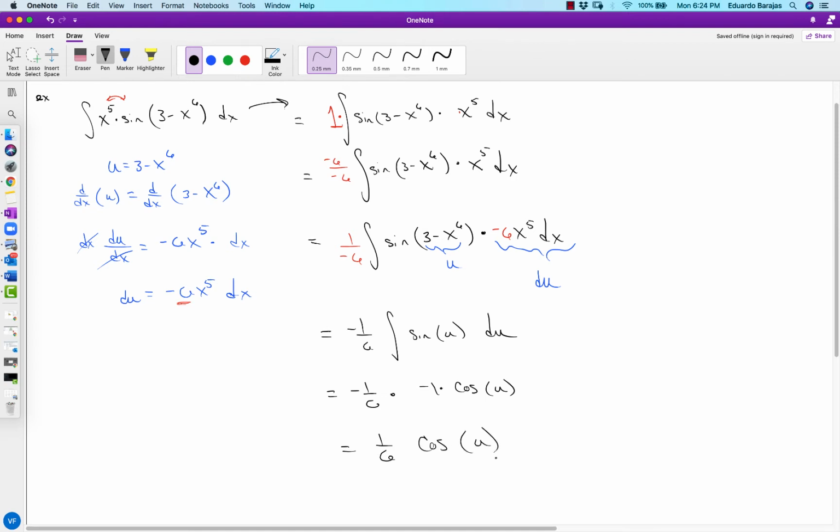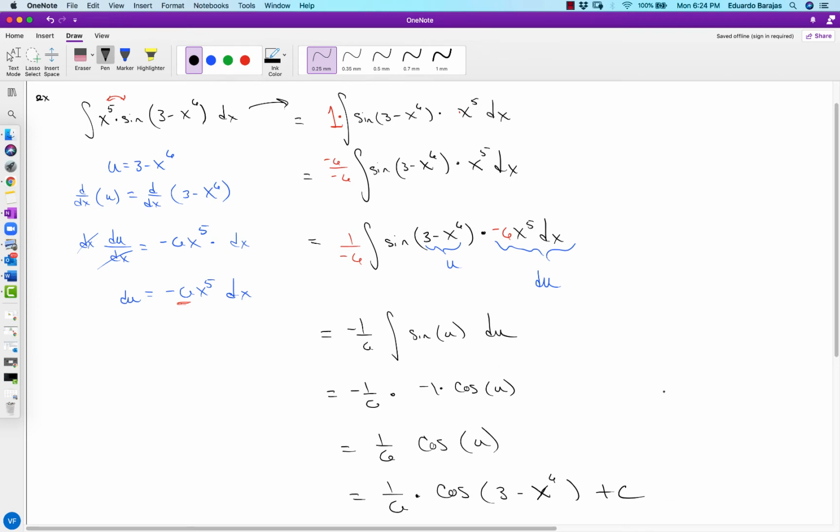Now we're almost done, except I have to come back to my original variable of x. So now as a final step, I would say that this is 1/6 times cosine of 3 minus x to the 6th power. Good. And remember, this is the general antiderivative, so now we just got to put a plus c at the end.